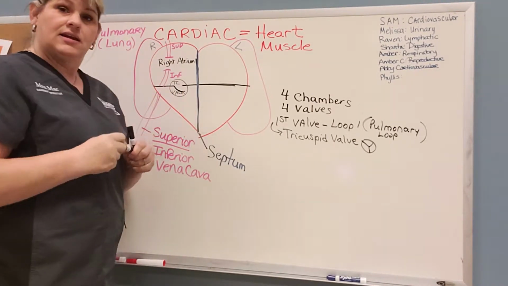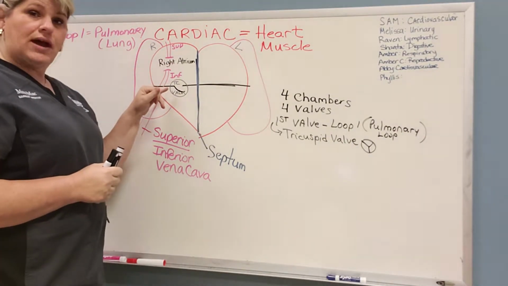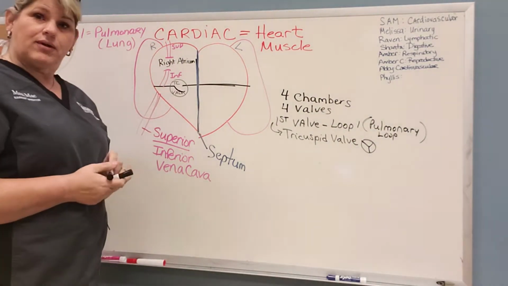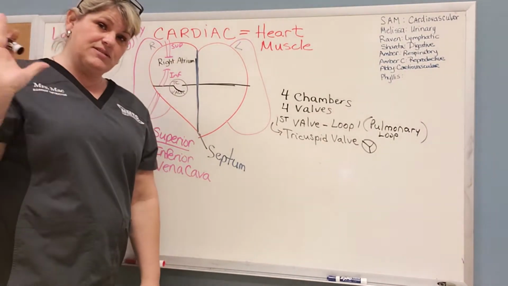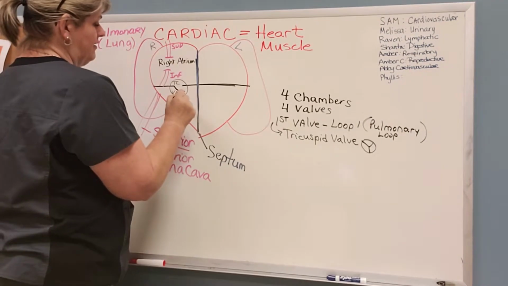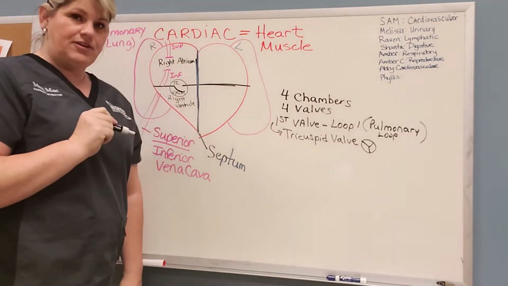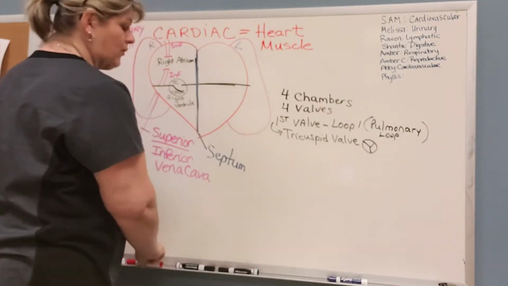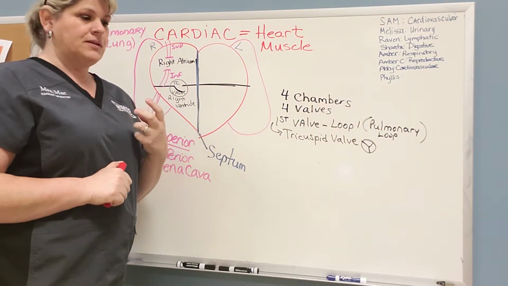Now what happens is the brain gets a signal that the right atrium is full. It opens the trap door and allows that deoxygenated blood to fill up this chamber right here. So our next chamber is on the same side that we started with. This would be called the right ventricle. Now the right ventricle is a little different than the right atrium as far as function and thickness.